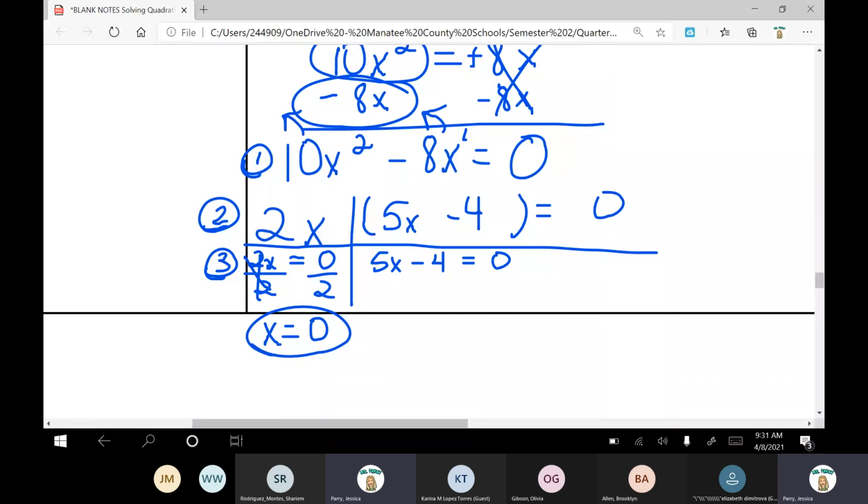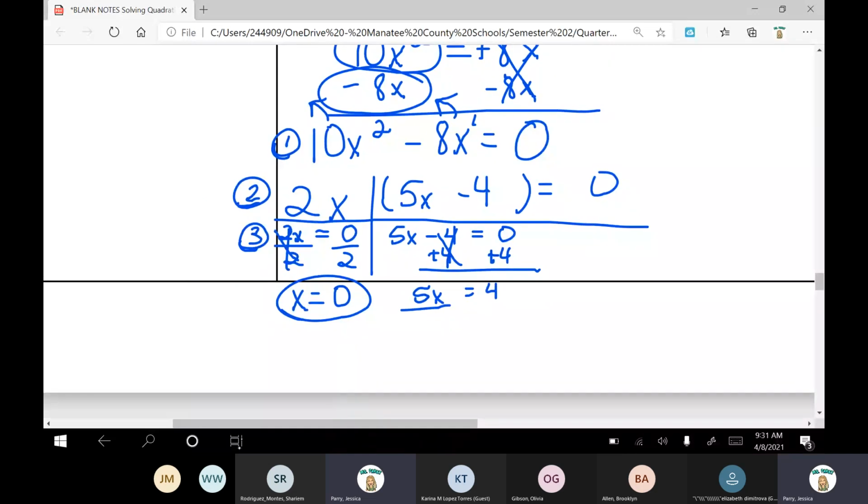And then over here on the right, it's just a 2-step equation. So I'm going to add 4 to both sides. So then I've got 5x equals 4. And then we need to go one step further, divide by 5. So x equals this 4 over 5. I cannot simplify anymore, so I'm just going to rewrite 4 over 5.